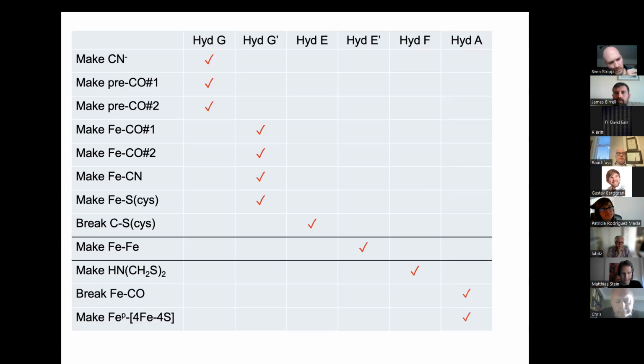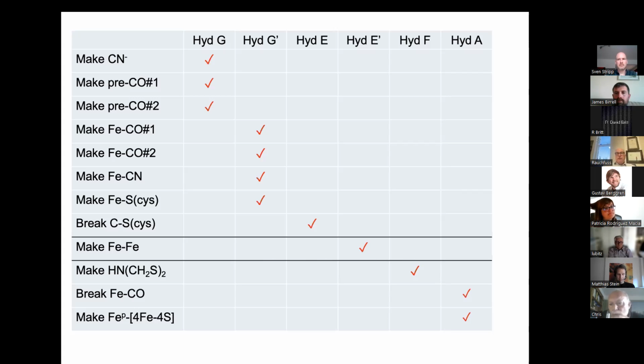Most of the steps in my listing are achieved in Hyd-G. And then we have a big break that is listed with a double line where we dimerize, we assume, and then that's done within Hyd-E, and then Hyd-F finishes it up.